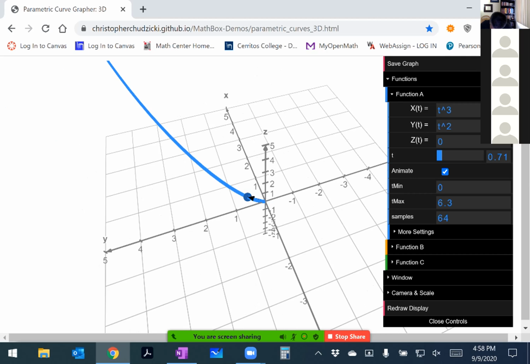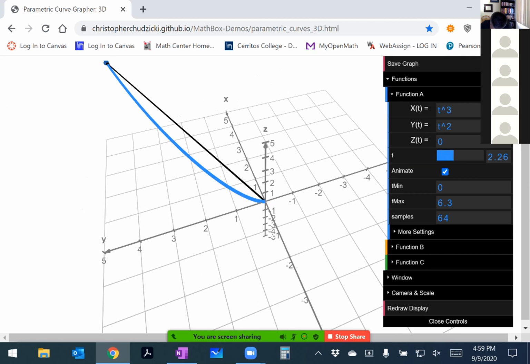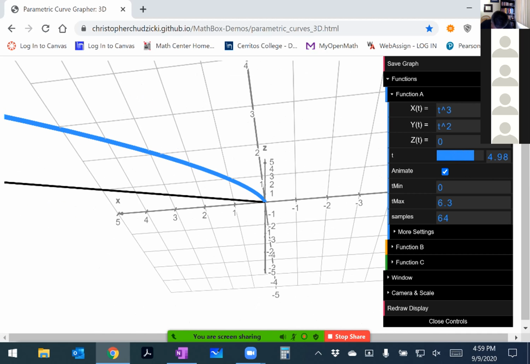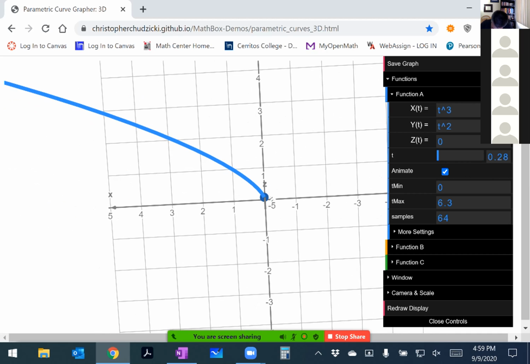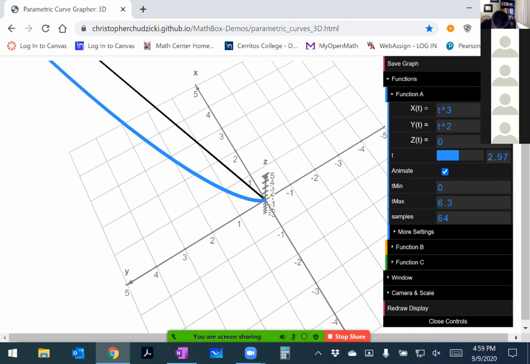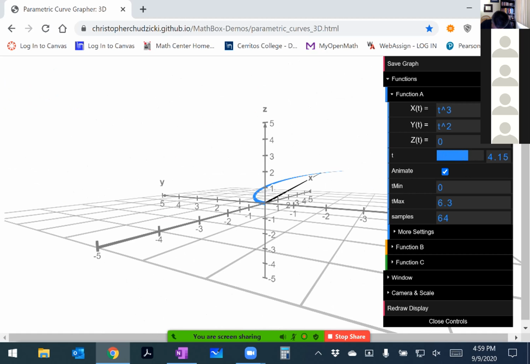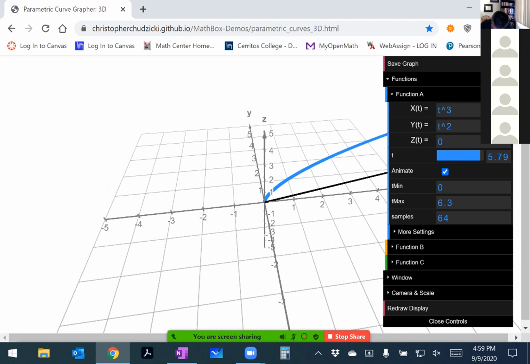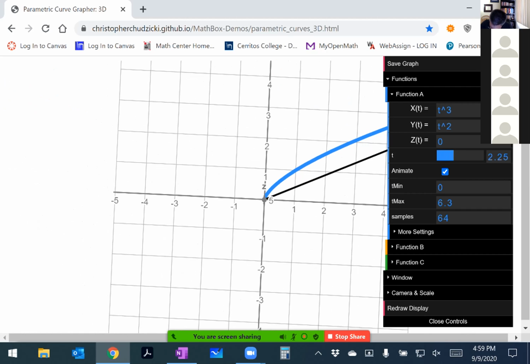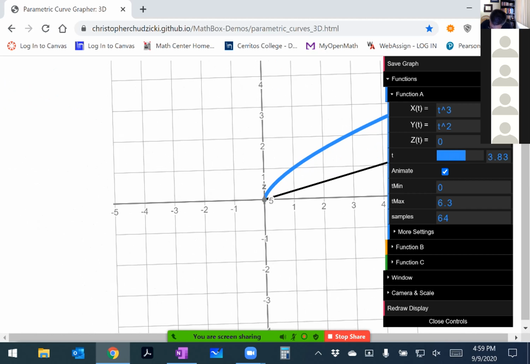Here's X and here's Y. What if I did the traditional XY? Positive X's, positive Y's. Let's go here. There we go. Traditional XY looks like this. X is t cubed, Y is, that's good.